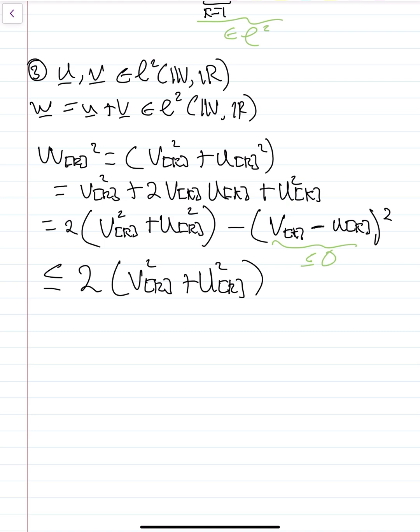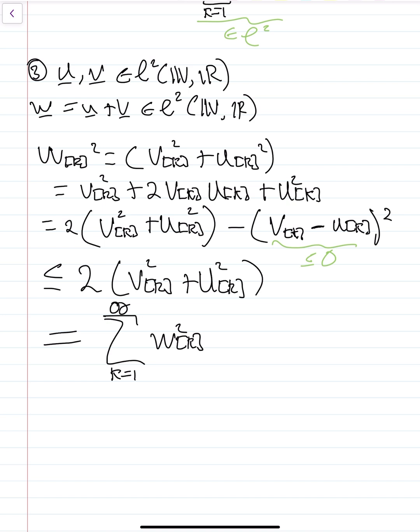Now this tells me that this sum is going to be convergent, because when I sum all of this, I use the linearity of summation, and I can take my 2 out.